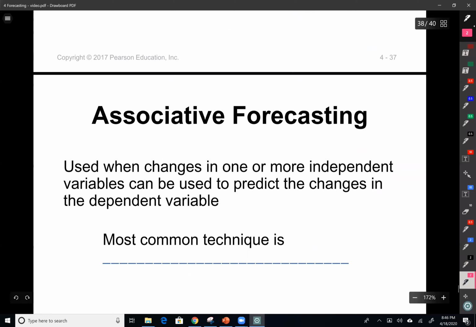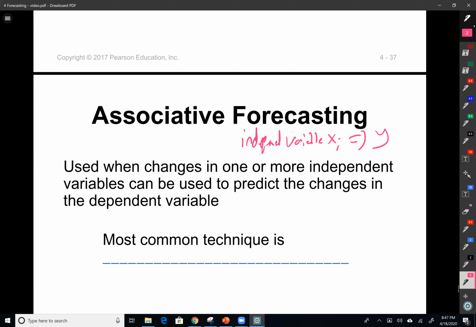So again, this trend approach can also be considered as associative forecasting if you think that there's a causal relationship. What do I mean by that? Let's say you have independent variable x, or variables, it could be x sub i, and if you think that these independent variables cause your y variable to change, then you need to use associative forecasting.